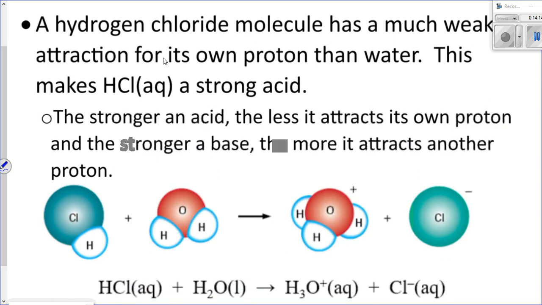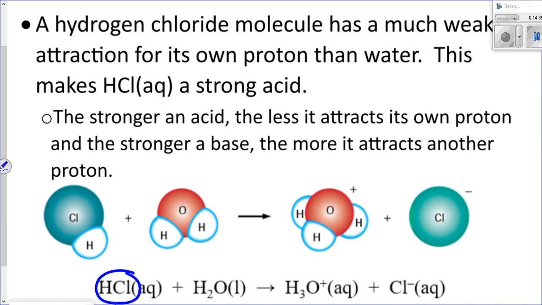So then if we compare this to HCl, the hydrogen chloride molecule has a much weaker attraction for its own proton than water. So HCl doesn't have a strong connection to its hydrogen. It would readily give it up, meaning that it's a great proton donor, so it's a very strong acid. This is a good statement here.